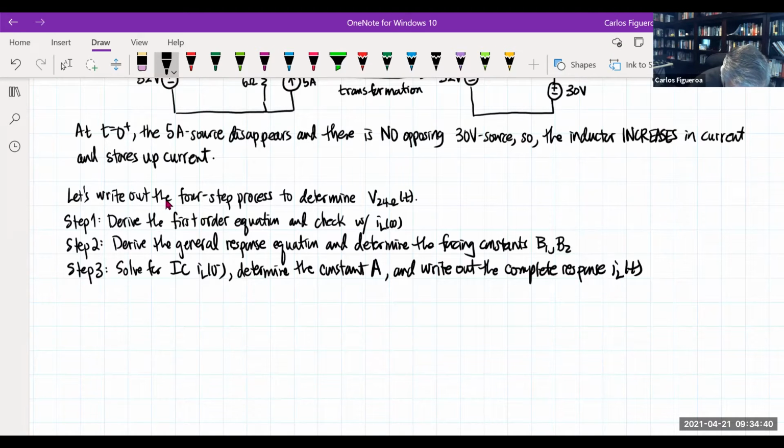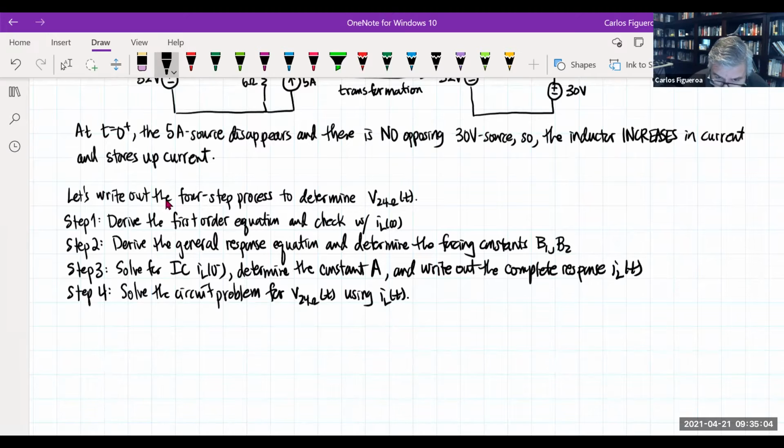Now that we have IL of t, I go to step 4, which now I have to solve the circuit problem for V24 ohm using IL of t. And then we always go and plot V24 versus t and interpret.